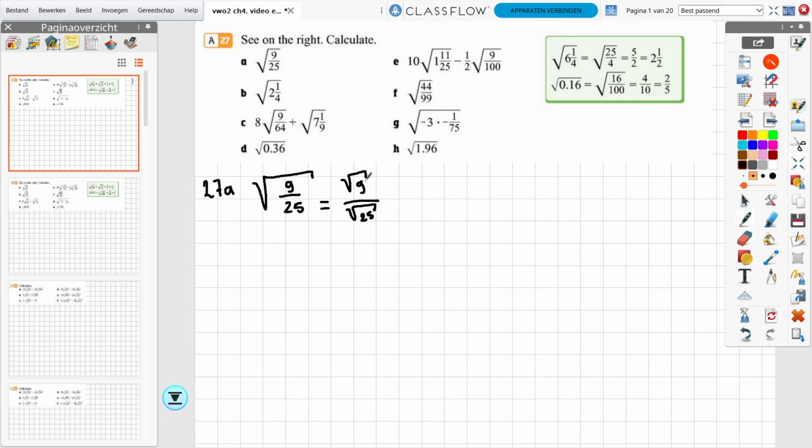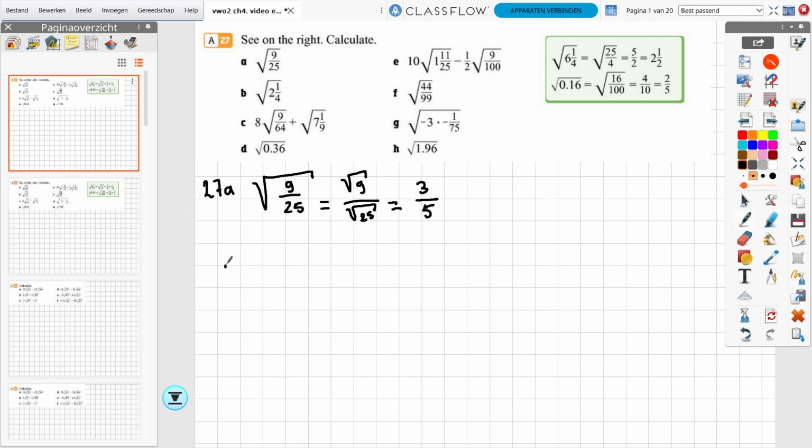For example, if there was root 5 here, then it wouldn't work. Here it works because root 9 is the same as 3 and root 25 is the same as 5. Remember, ask yourself which number times itself is the number inside the roots. That's how you calculate the roots. And you can just leave this in fractional notation. You don't have to convert this back to decimal notation or something.